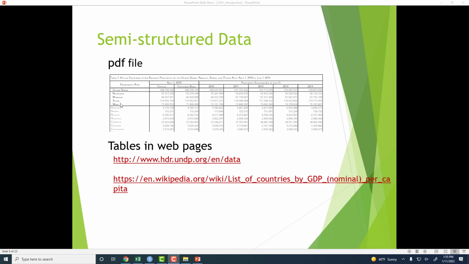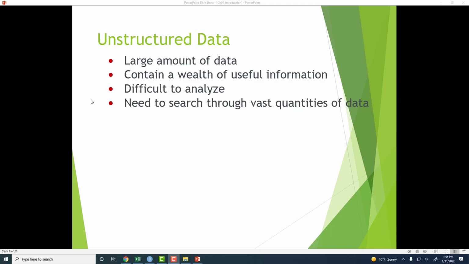So you have by region, so you have the entire United States, and then you have the regions, and then you have the individual states. Now, of course, if you take the data as it is, you can't run any useful analysis. You have to convert it into a format that can then be analyzed. Okay. Unstructured, all right.